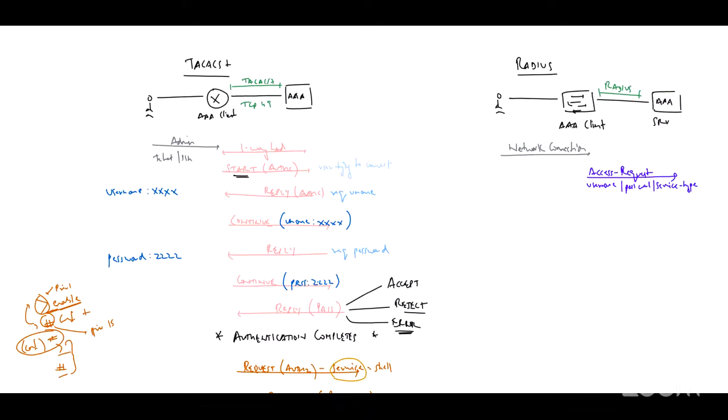I'll explain this a bit more later on, in more detail, so you'll understand what service type is. This is not the same thing as the service that we saw in the TACACS+ authorization. They both are not the same thing.